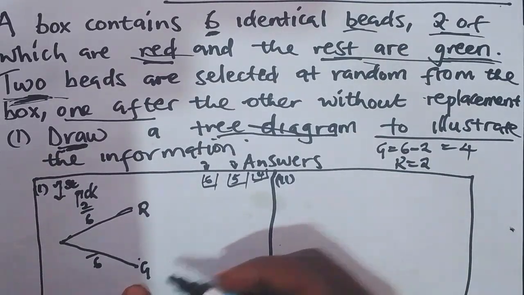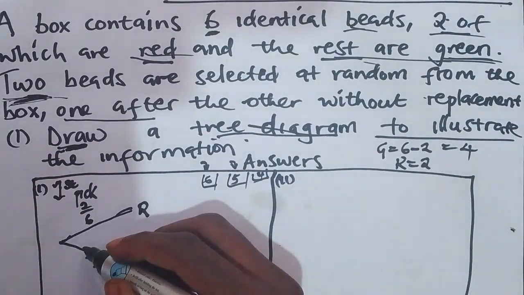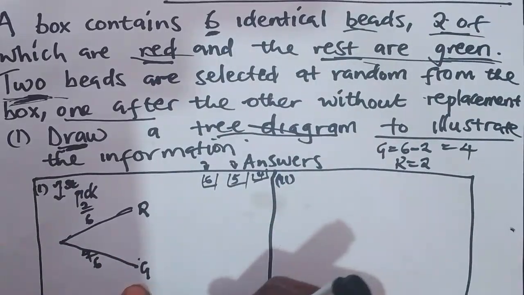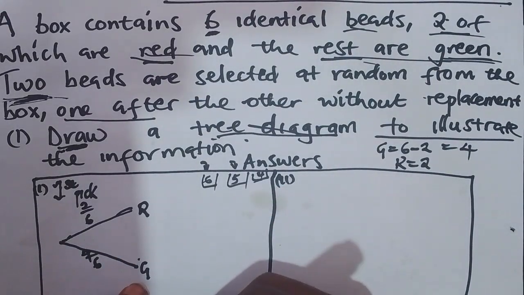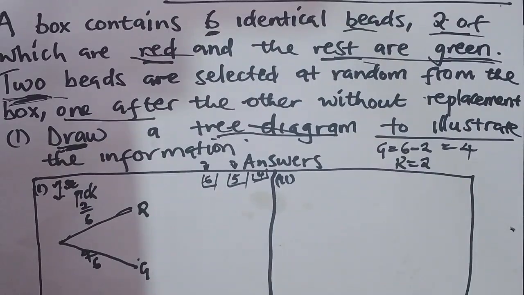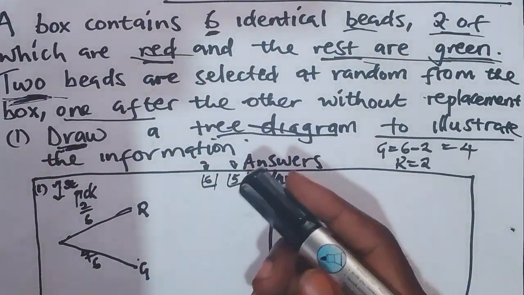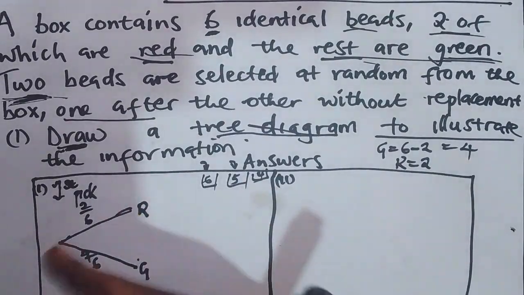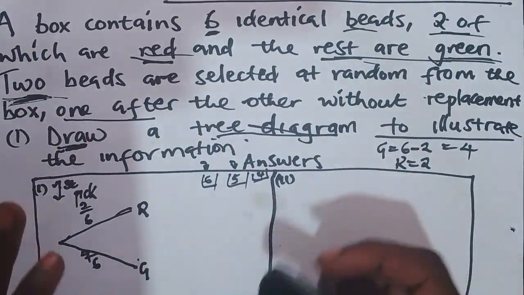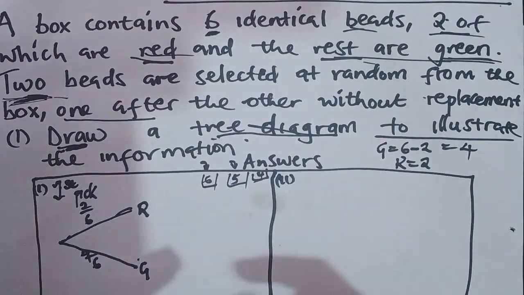Then green was 4 out of 6. Most of you can simplify because 2 can go into 6, but for those that can't manage, just leave it the way it is. Once you do this, you are done with the first pick. Now you come to the second pick.